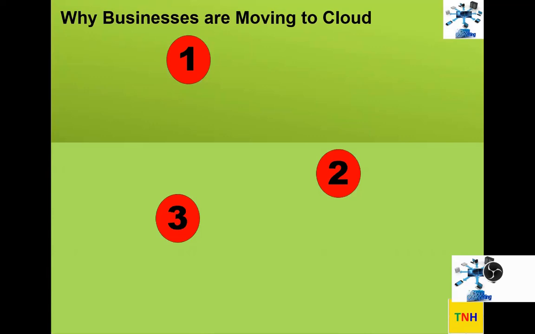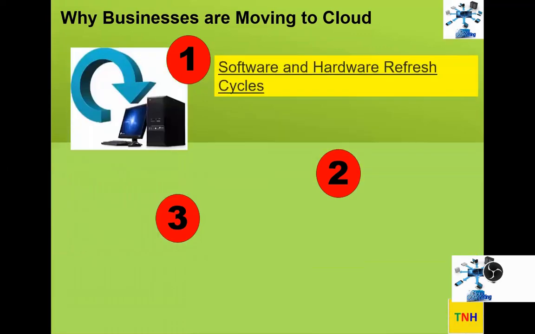Anyway, the first thing is why we need to move to cloud as a business. Why, if we operate on premise, do we need to? Let's go to the reasons, and the situations when we need to move to cloud, and why. So both will be covered. The very first thing is the software and hardware refresh cycle.